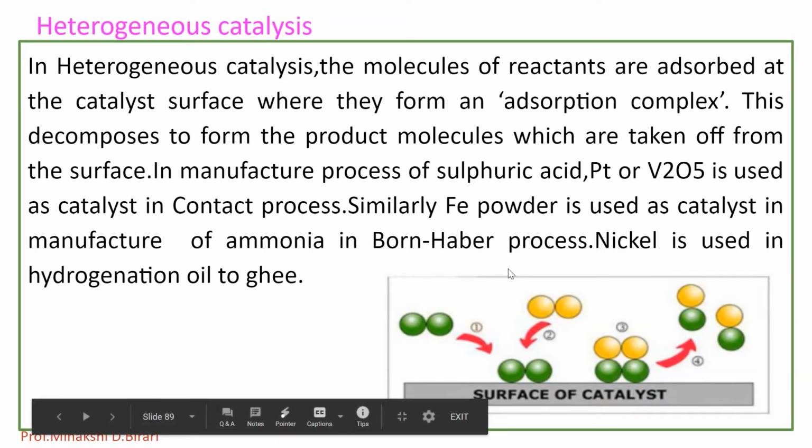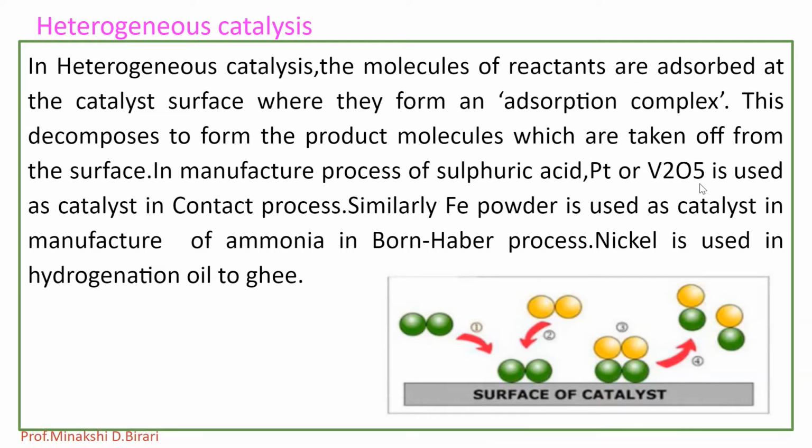In the manufacture of sulfuric acid, platinum or vanadium pentoxide, V2O5, is used as a catalyst in the contact process. Similarly, iron powder, Fe powder, is used as a catalyst in the manufacture of ammonia in the Haber process, and nickel is used in hydrogenation of oil to ghee.